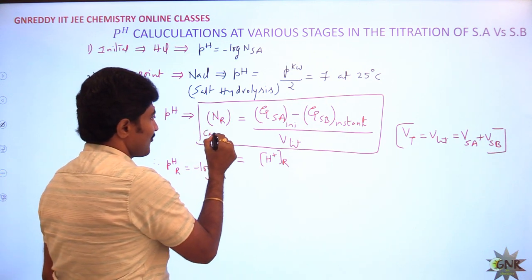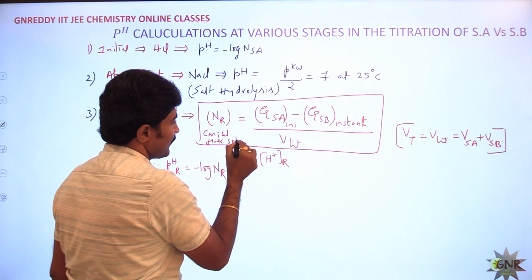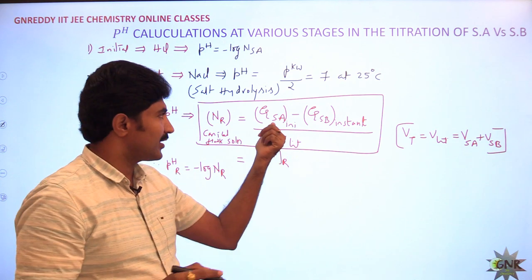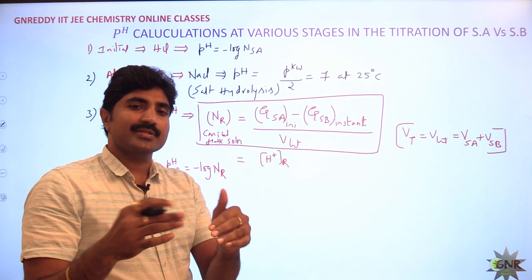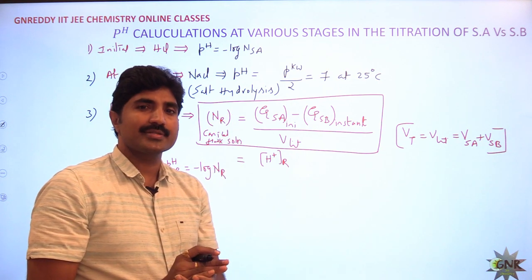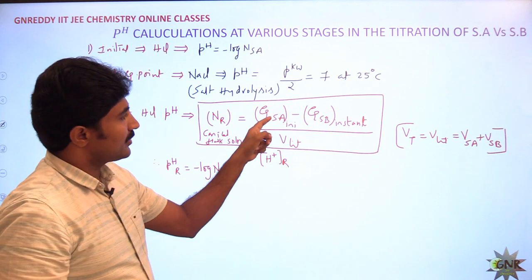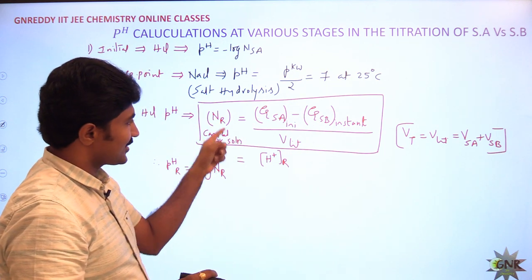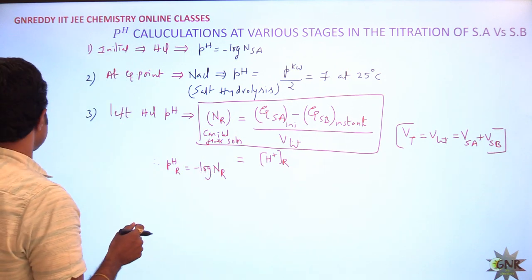How will this be obtained? From the equivalents of strong acid initially taken, the equivalents of strong base added at that instant will be consumed. The remaining difference will be left, that is acidic in nature, that's why the resultant normality is the H plus resultant. From that calculate the pH of the resultant solution.